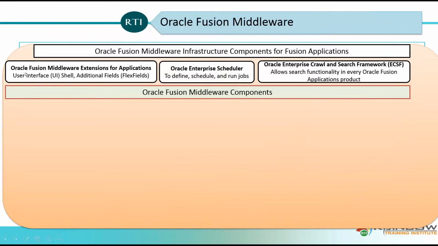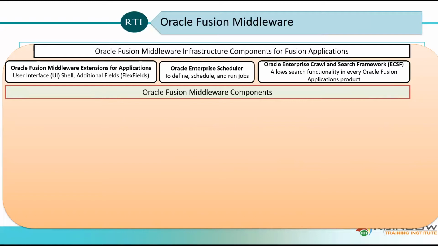Extensions for the applications means if you have a Fusion application, if you have a page, on top of the page, as I was telling before, if I wanted to make sure the page is visible differently for the UK and differently for the United States, how can I do that?